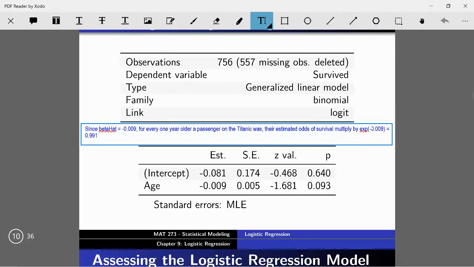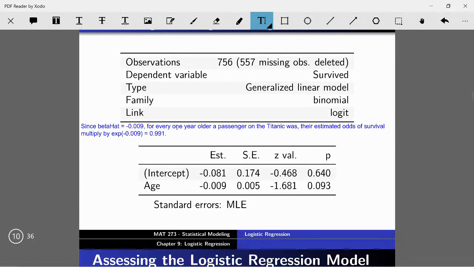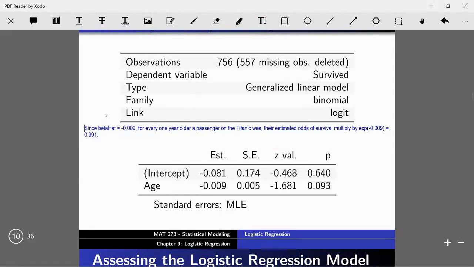We set e to that regression coefficient to get it off of the log scale, because otherwise the increase is on the log scale. So since beta hat equals minus 0.009, for every 1 year older a passenger on the Titanic was, their estimated odds of survival are multiplied by 0.991. So they decrease by about 1% odds of survival for every 1 year older a passenger was. Okay, so that's how we interpret the regression coefficient.